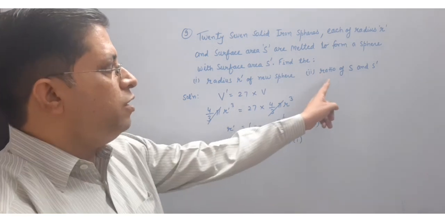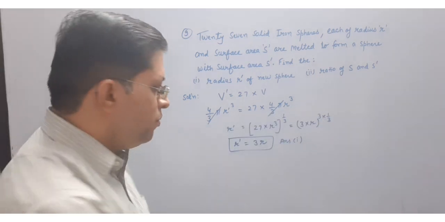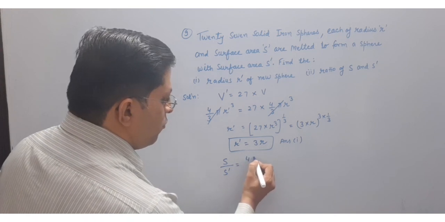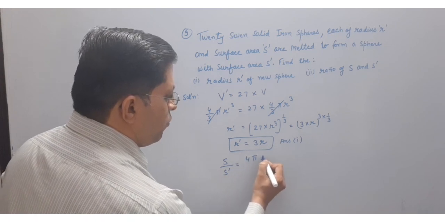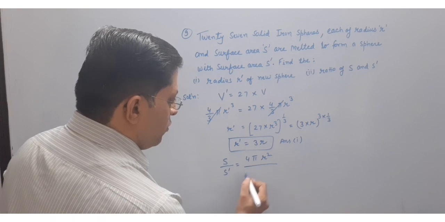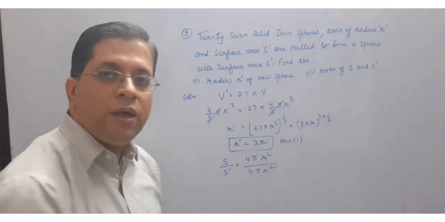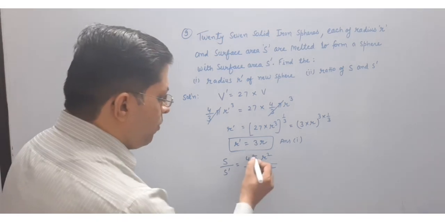You have to find the ratio of s and s dash. S upon s dash: the surface area of a sphere is 4 pi r square, and the surface area of this new sphere is 4 pi r dash square. 4 pi cuts with 4 pi.